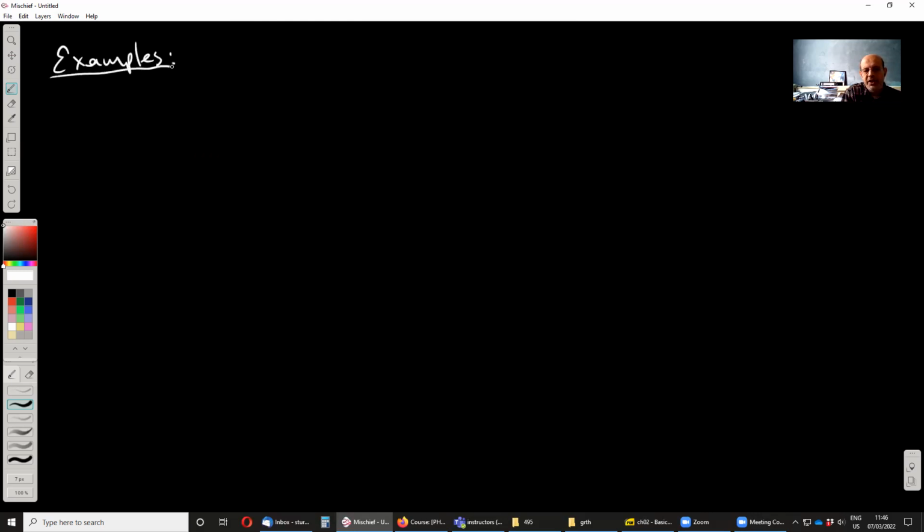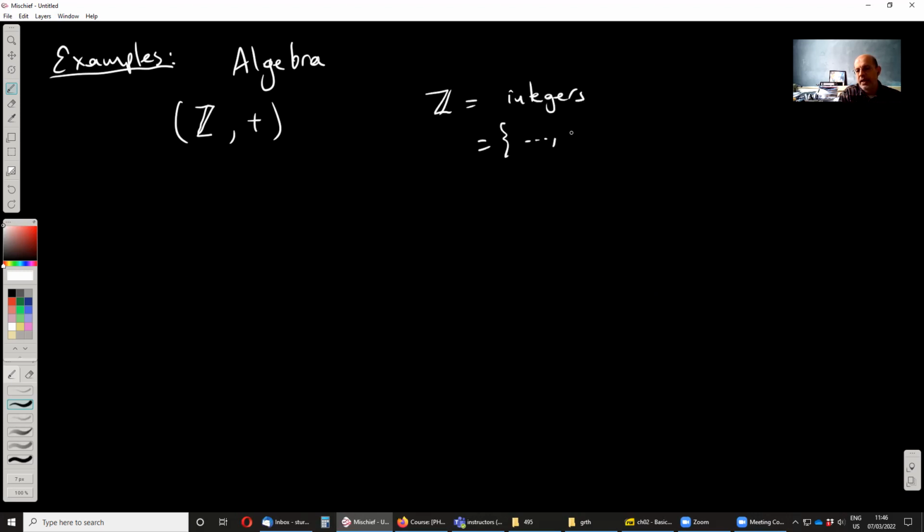Right. The first kind of examples come from algebra, from mathematics itself. For example, the integers together with the addition operation. That's the set of integers, so I'm going to use the Z notation there. The set of integers together with addition is a group.